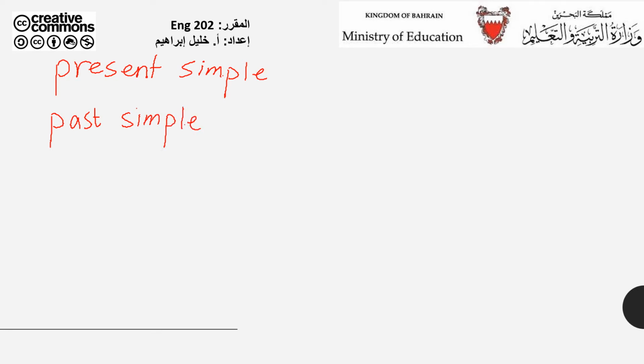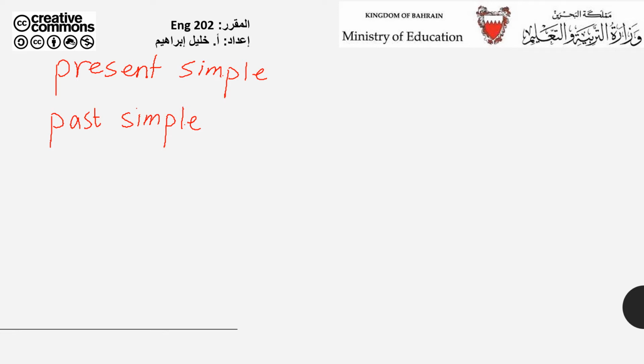We use present simple in a process more than past simple, but these two tenses actually are very important, and they are very easy to change from active into passive. So in this lesson, we're going to start with how to change present simple sentences and past simple sentences into passive sentences.